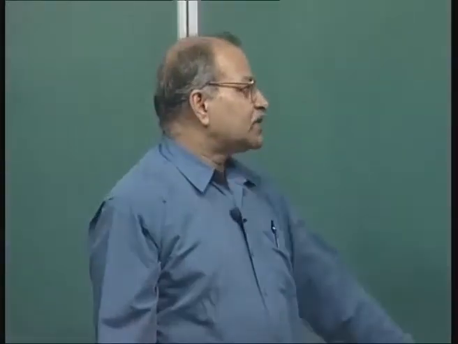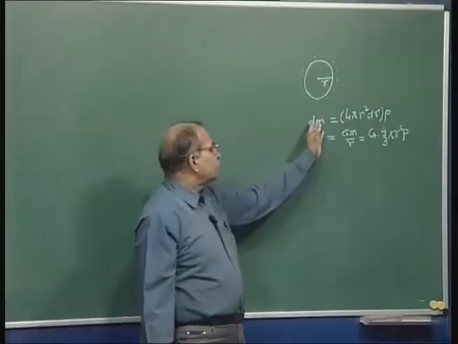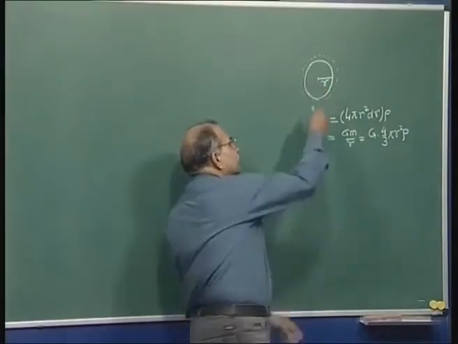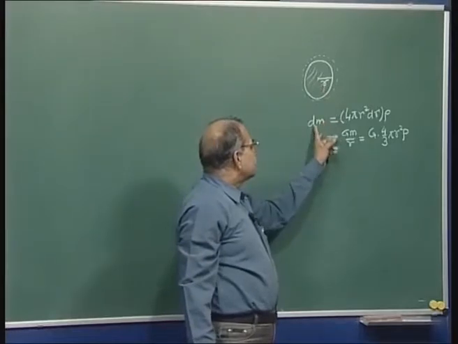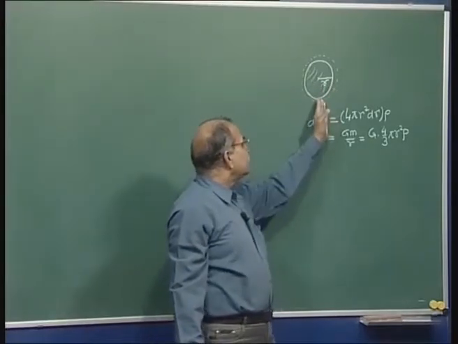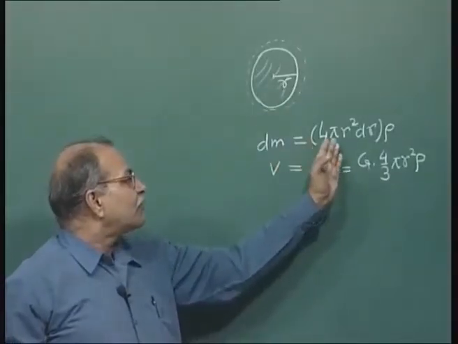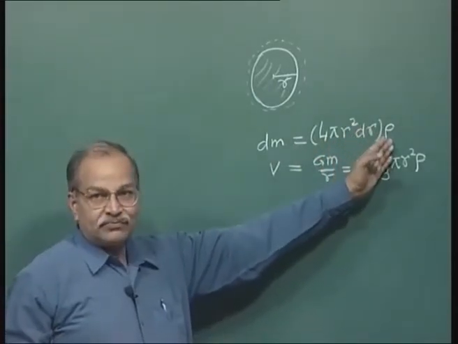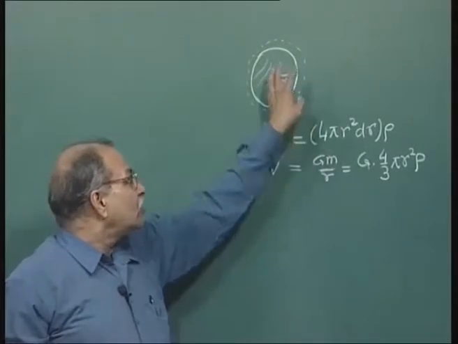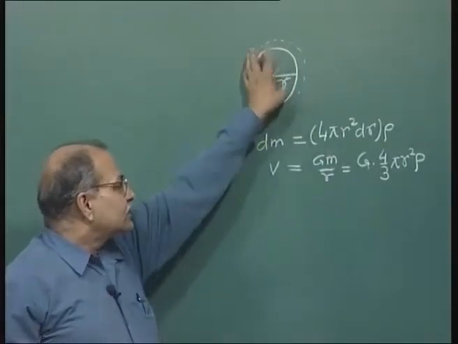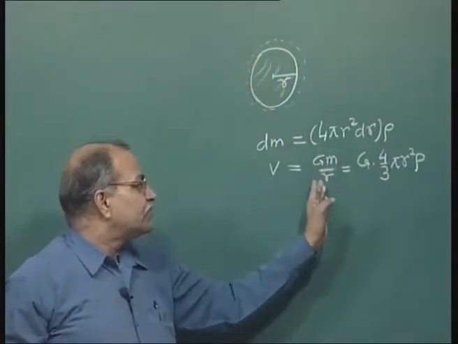Okay. So, that gravitational potential energy you can calculate if the mass already accumulated here is small m, radius small r. Then the next layer that you are bringing will have a mass 4 pi r square dr times rho, where the radius is increased by dr, and the already accumulated mass will have a potential G m by r.